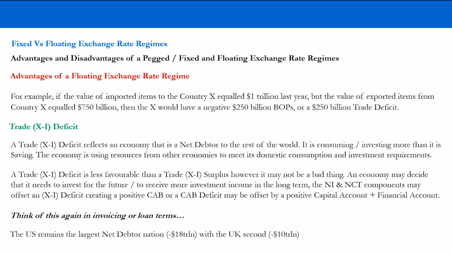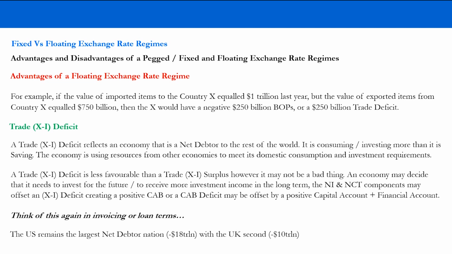So the current account balance deficit or surplus that can be created by exports minus imports can actually be offset by long-term investment, and that can be from the NI and the NCT components, and it can create an overall current account balance.